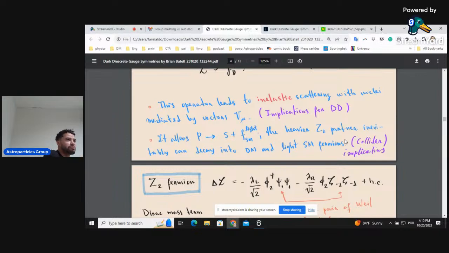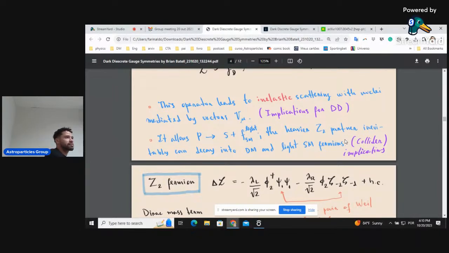Then I could probe these particles in my colliders. So sometimes, hopefully, we may detect, for example, a new particle that maybe isn't dark matter, but it will give us some hints about dark matter because it comes from the dark sector.